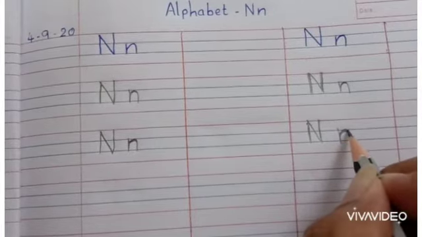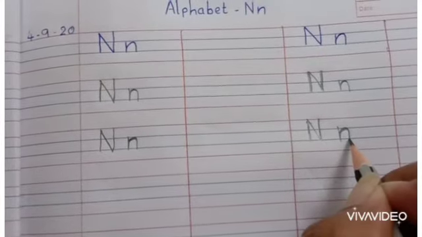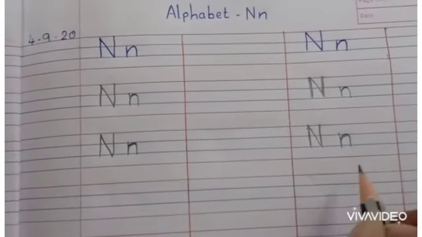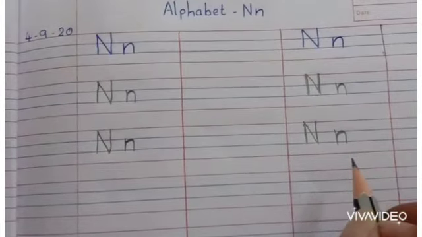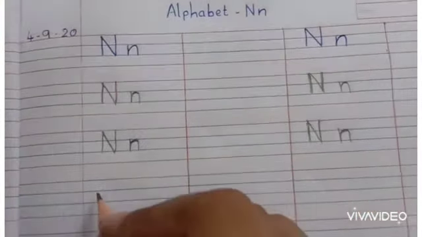Then again go up on it, make a curve and come down standing and touch the second blue line, small n.